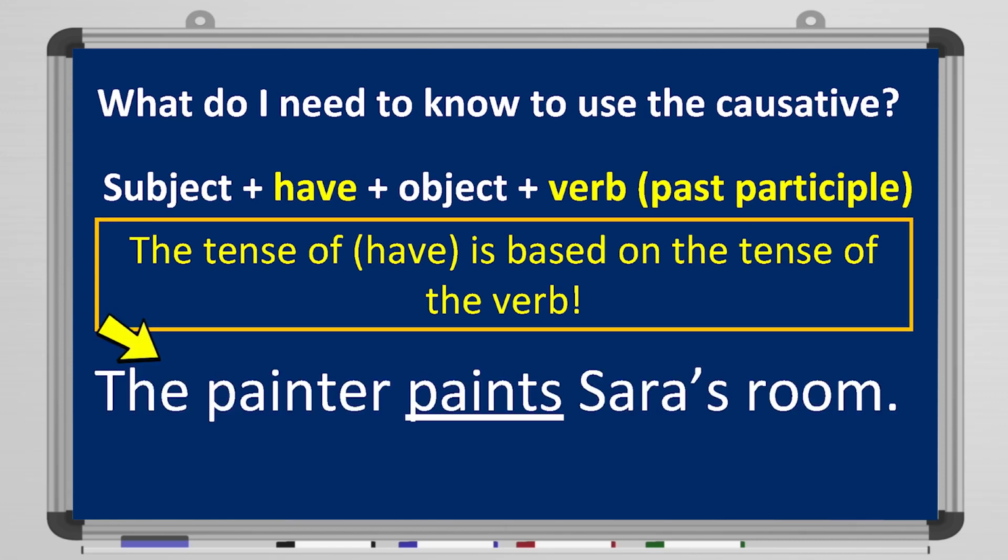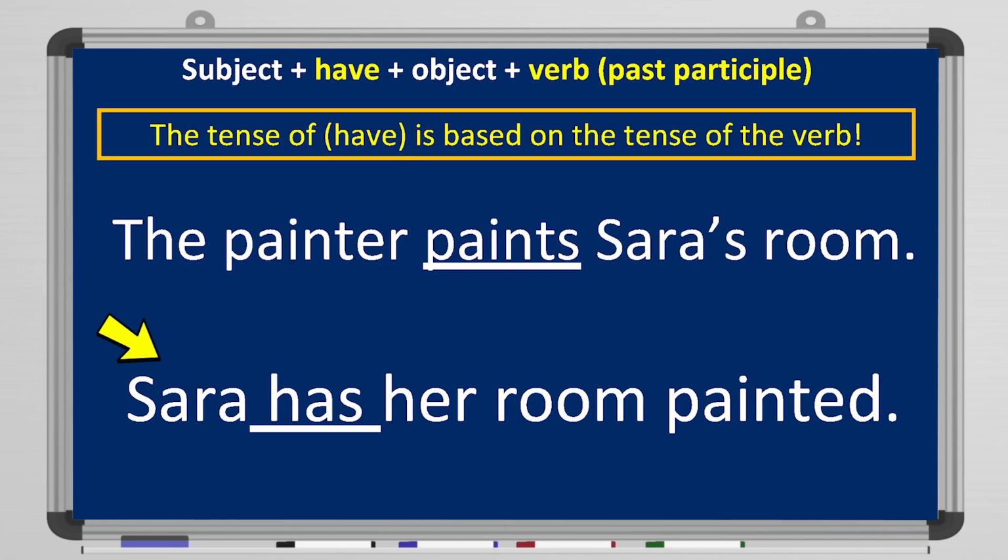Here we have a sentence. The painter paints Sarah's room. If I ask you who painted the room, would you answer Sarah or the painter? Obviously, the painter is the one who painted it. If I'm going to be using the causative to talk about Sarah, I would say, Sarah has her room painted.